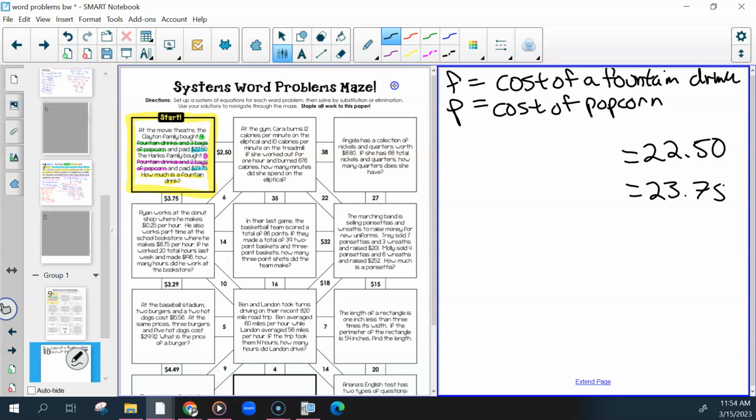How would we set either of those up? And the second one?